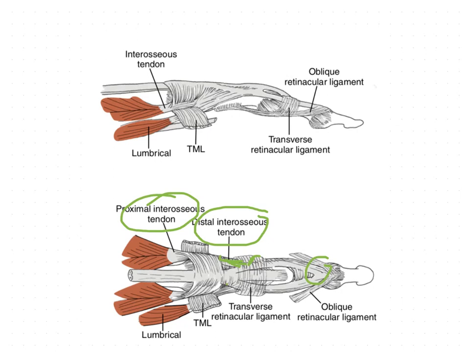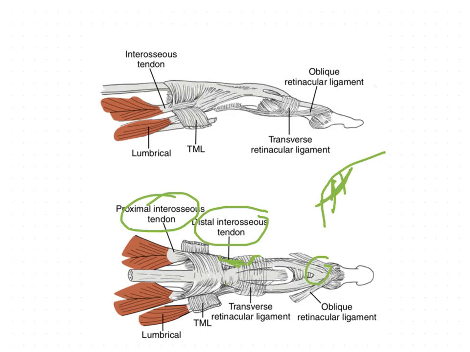So we have seen that the interossei muscles will come volarly during MCP flexion, and this movement is restricted by the transverse metacarpal ligament.